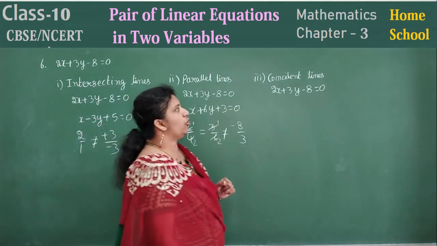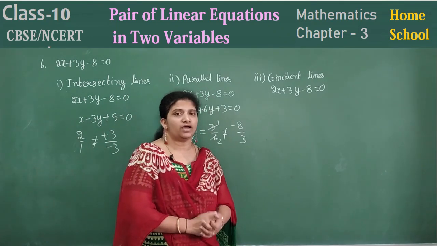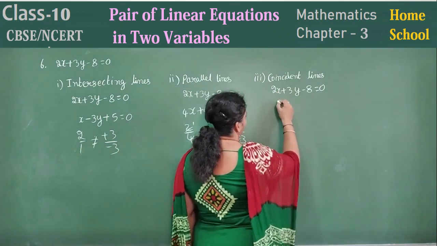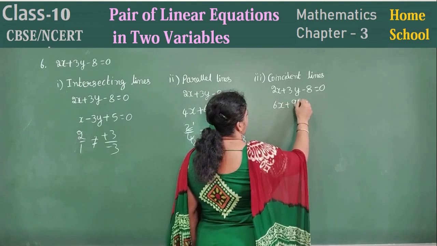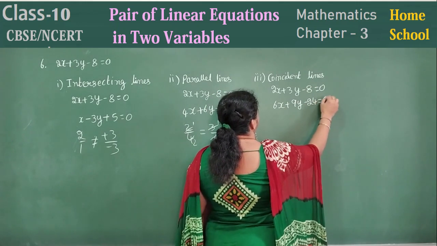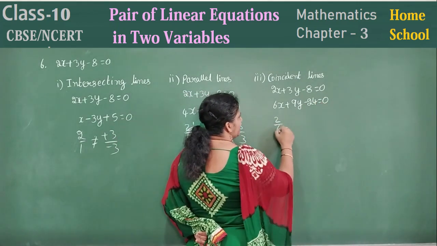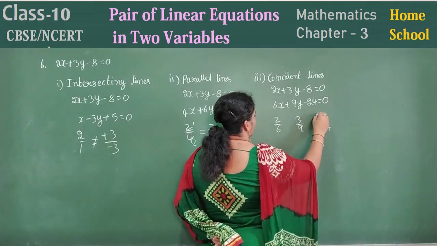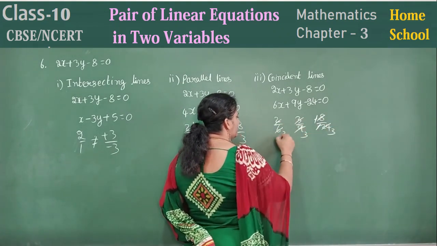See the third one, coincident lines. Coincident lines means what, children? All the ratios are equal. How can you take? Let me take here 6x plus 9y equal to 24. So observe here, 2 by 6, 3 by 9, minus 8 by minus 24. 3 threes are 9, 8 threes are 24, 2 threes are 6.